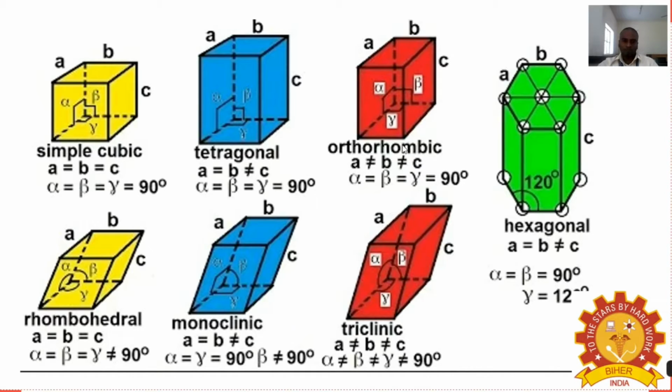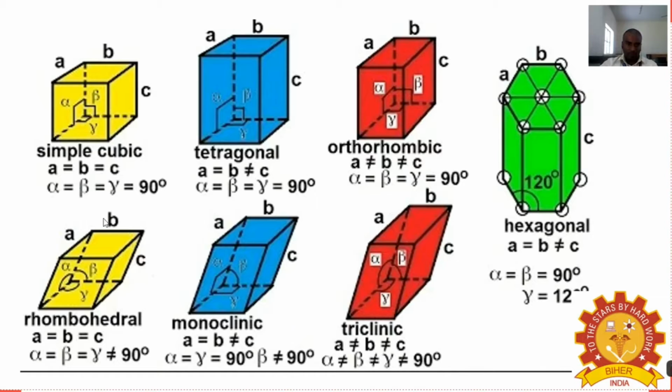So up to now we studied the length change on crystal lattice. Next we go to the rhombohedral crystal structure. In this crystal structure, the length of A, length of B, and length of C are equal.